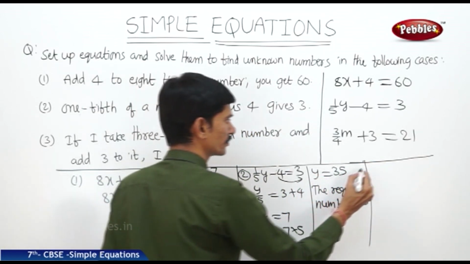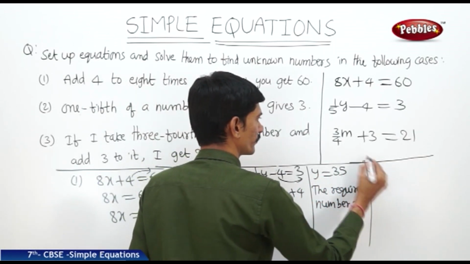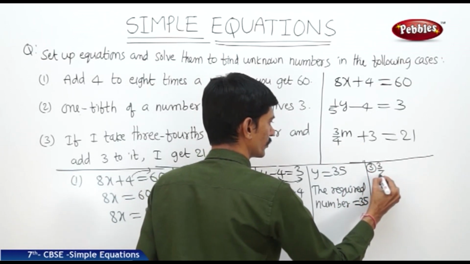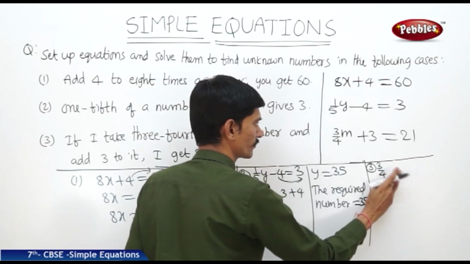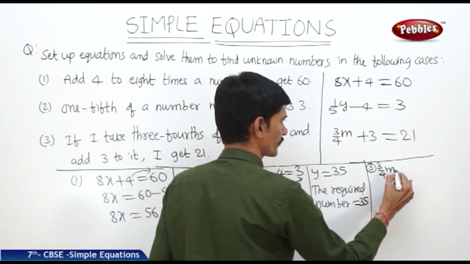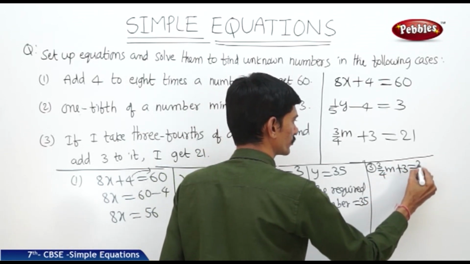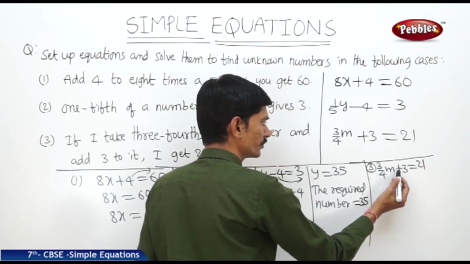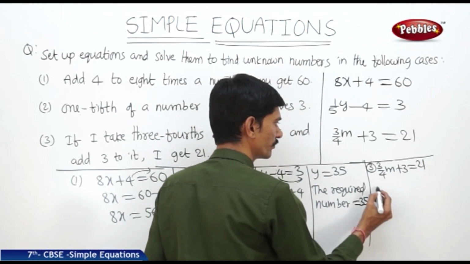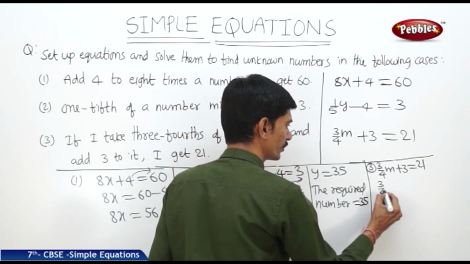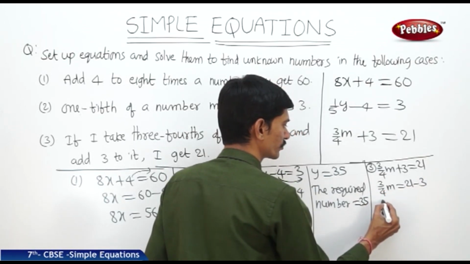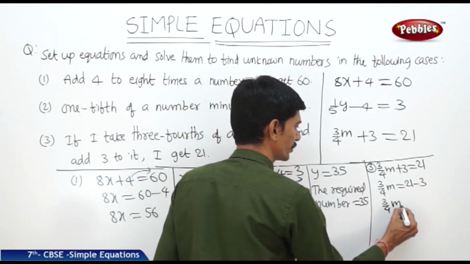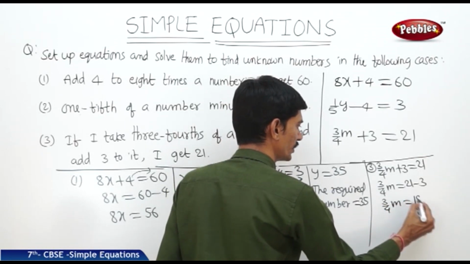Now let us solve the third equation. That is 3 by 4 m plus 3 equals 21. Now by transposing plus 3 to the RHS, we get minus 3. So 3 by 4 m equals 21 minus 3, so 3 by 4 m equals 18.